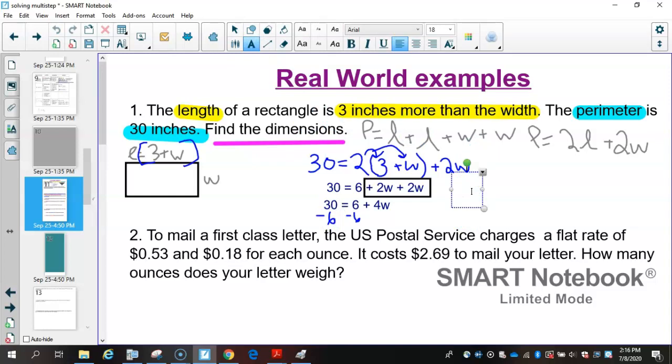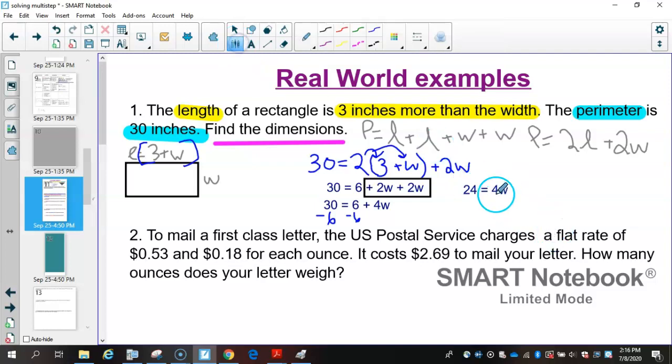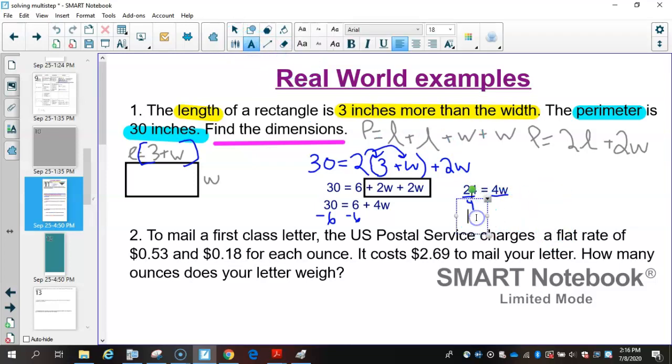Alright, so 30 minus 6 is 24, and we're left with 4W on this side. And then we can divide both sides by 4. And we can say that 6 equals W.